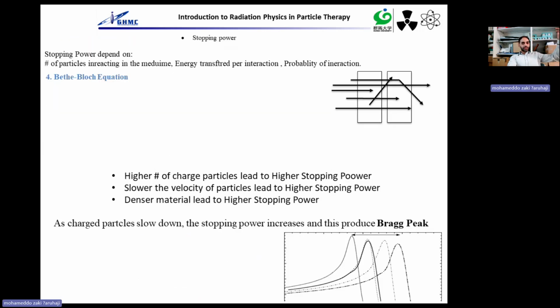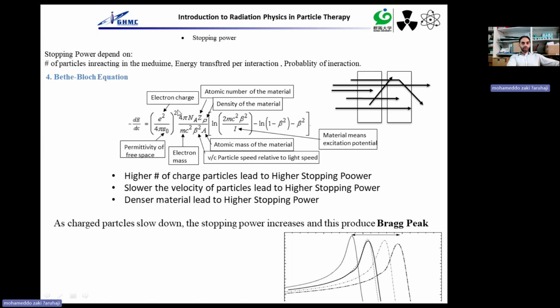So again, let's continue. Stopping power depends on the number of particles interacting in the medium. It depends on the energy transfer in interactions and the probability of interaction. Now, this is the equation we use to present the stopping power in our field, and it is a very amazing, beautiful equation.